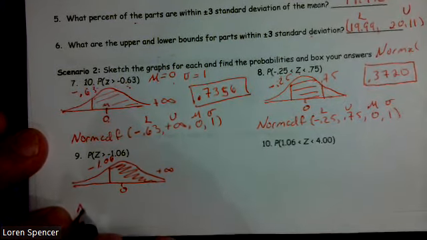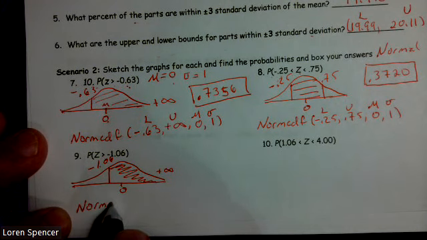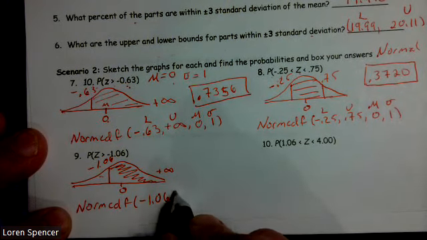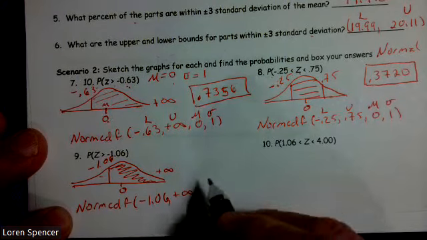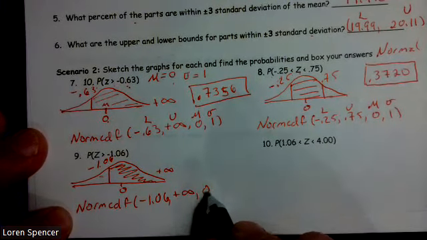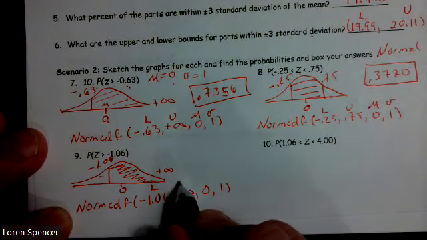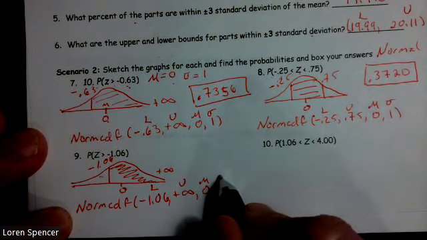So this is a norm CDF. The lowest part of my shading is negative 1.06. The highest part was positive infinity. Mean was 0 because it's the z-score and the standard deviation is 1. So lower, upper, mean, standard deviation.